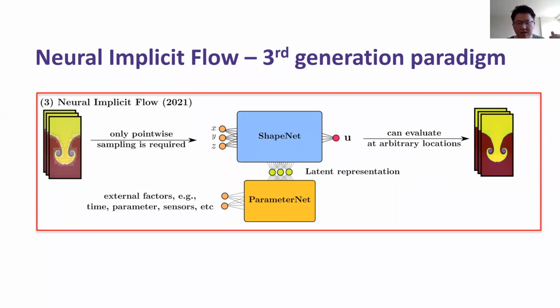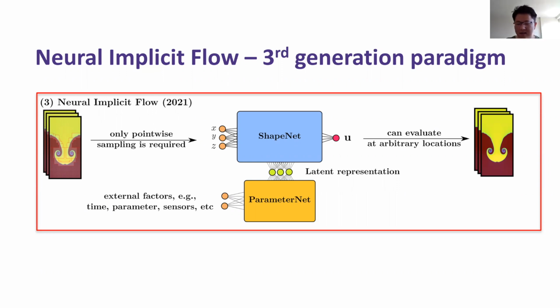Information goes from external factors to ParameterNet, to the latent representation, and to the weights and bias of the ShapeNet. And that will collaborate with the spatial coordinates to give you the quantity of interest at that point, given those external factors. All right. Okay.